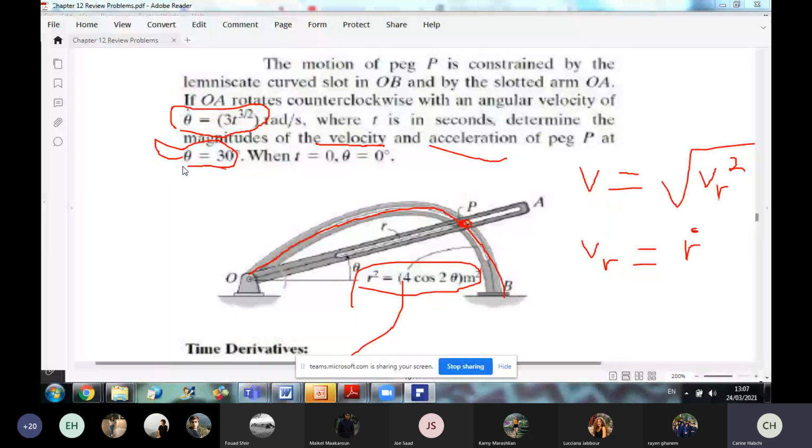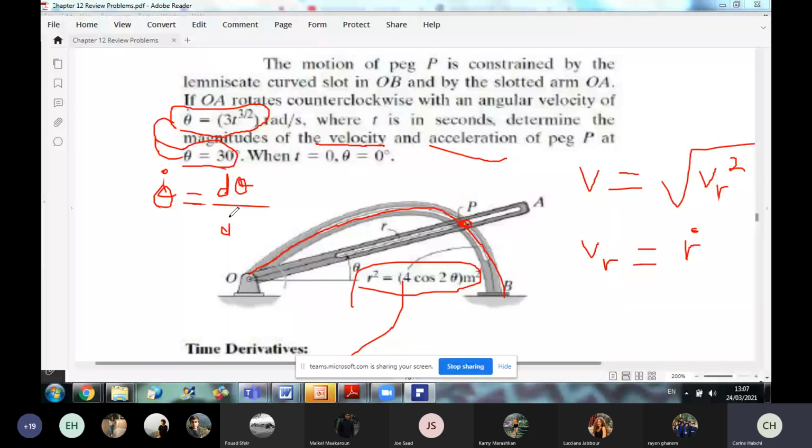How to do this? I don't have an equation for theta. I have an equation for theta dot, but I can integrate theta dot to get theta, because theta dot represents the derivative of theta with respect to time. So theta can be obtained by integrating theta dot.